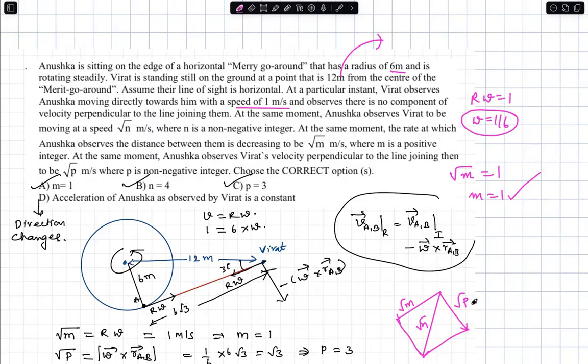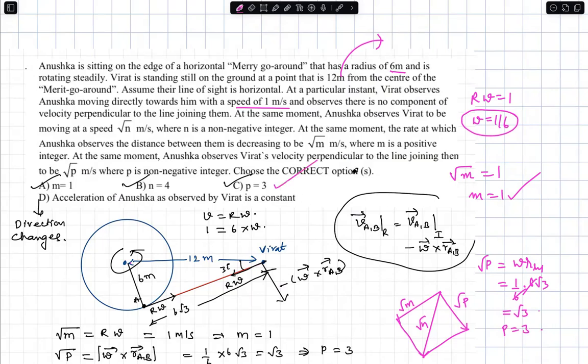What is this component? You said P. Actually, root P is nothing but omega R relative. Omega is 1 by 6, R relative is 6 root 3. 6 cancels, so P is equal to 3.